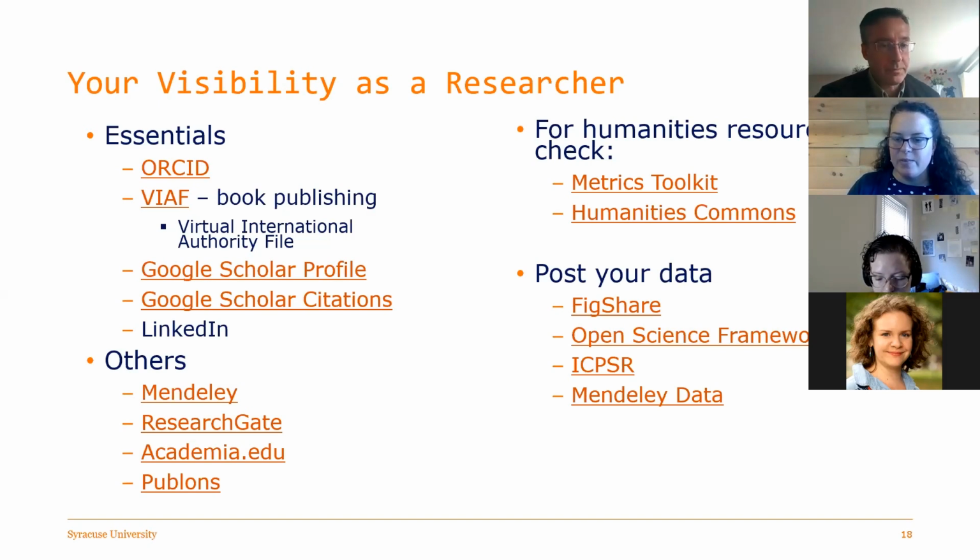So it's a really easy way to get people to notice your work. You can also sign up and curate a Google Scholar profile, and have it automatically notify you or pull in publications. It will recognize if you have a new publication and ask you if you want to add it to your profile.